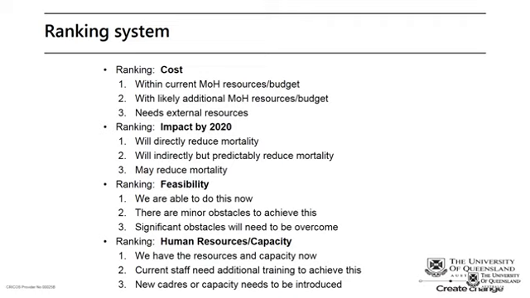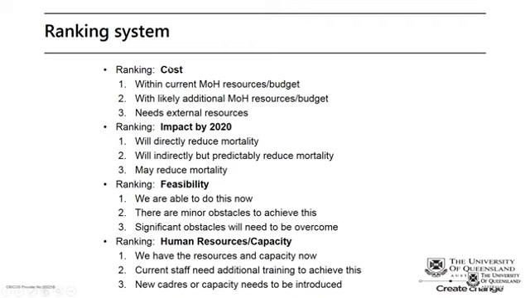Again, we had to then put it in context of existing strategies, and so there are existing strategic plans that run to 2020. So we looked at those, and we put this within the context of those plans. And we wanted to know also about feasibility.